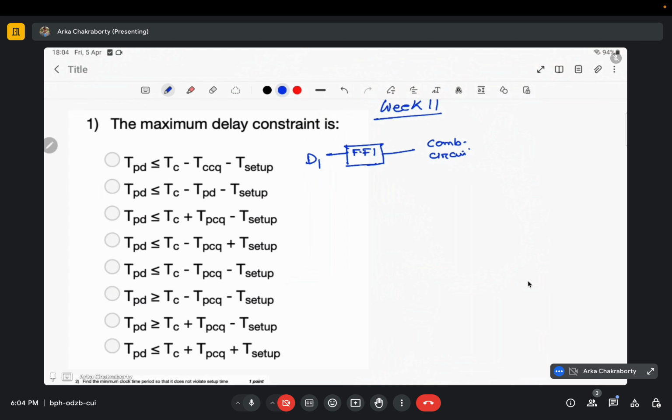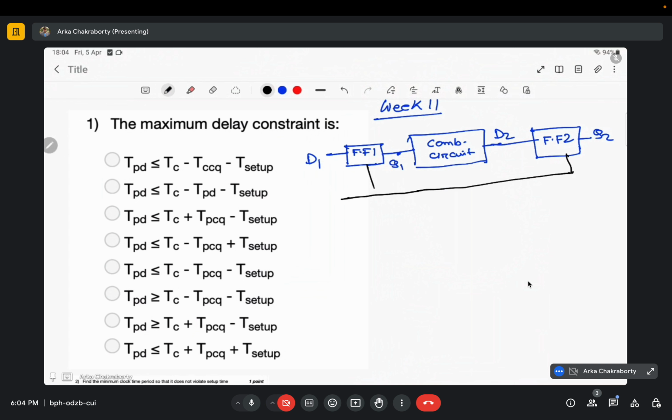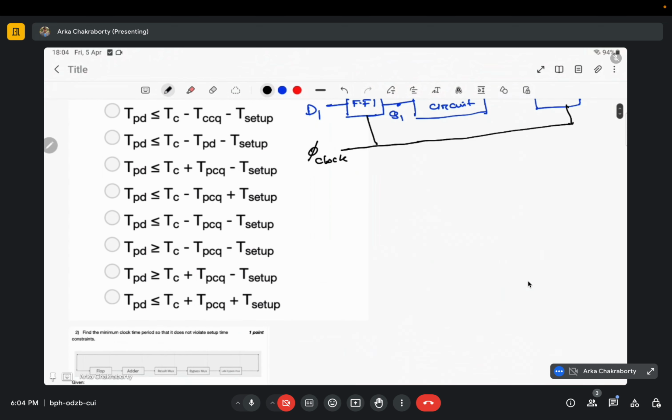Here the output, let us call it Q1. Here the output of the combinational circuit is D2. Then we have flip-flop 2, the second flip-flop. This is the final output Q2 here. And the clock.